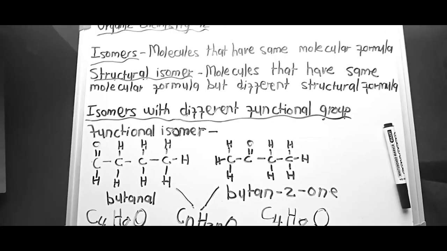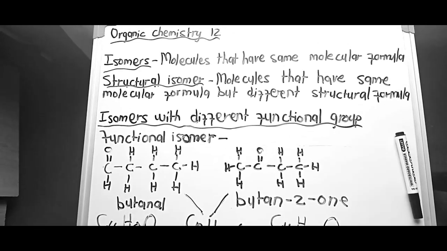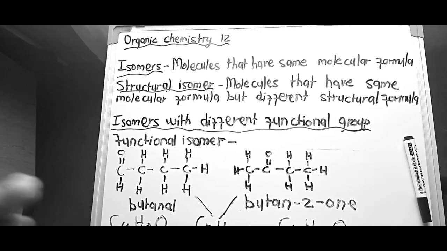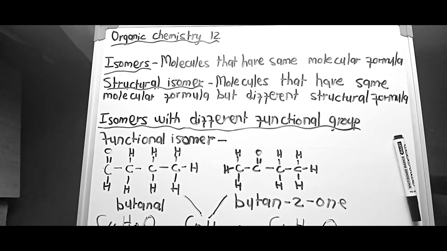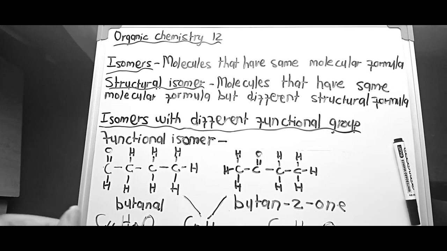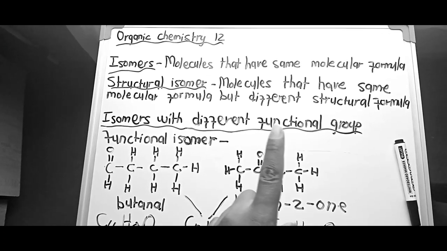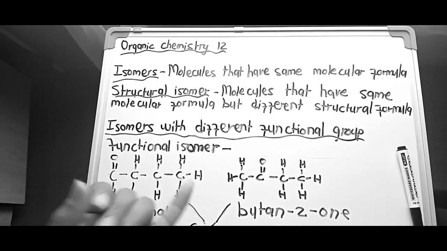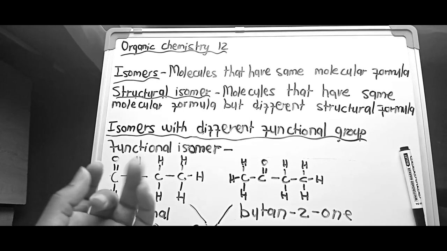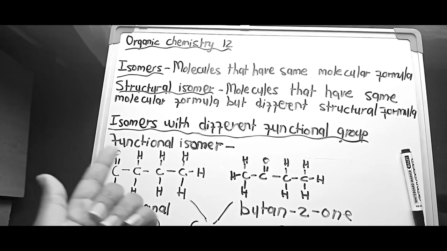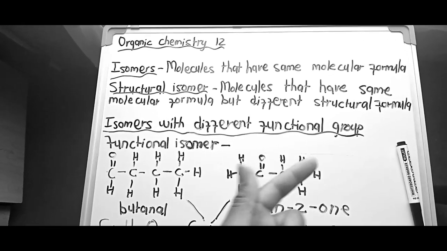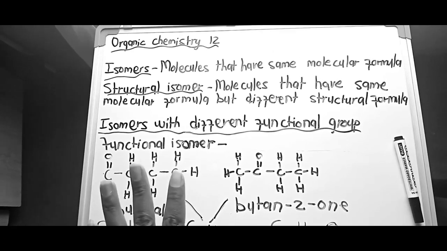So guys, please know your isomers. They're very easy if you give them time, and they're very understandable, right? So know your isomers with the same functional group, which we have two: structural isomer and positional isomer. And isomers with different functional group, it's one. It's only functional isomer.